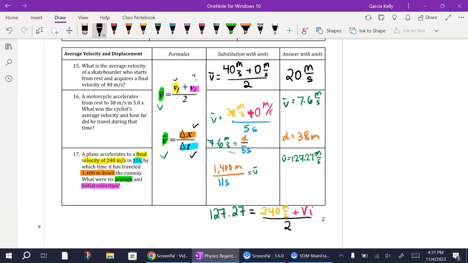In order to move my 2 to the other side, I'll multiply by 2. So I'm going to end up with 254 is equal to 240 meters per second plus initial velocity. All that's left to do is subtract, and we get an initial velocity of 14.